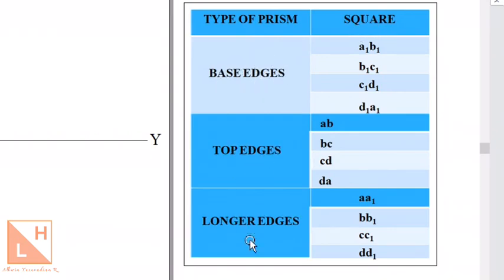If you just see here, the type of prism is square, and it is going to have base edges, top edges, and longer edges, which are already drawn here in the first and in the half of the second position. So it basically contains A1B1, B1C1, C1D1, and D1A1, which is the base, and you'll have AB, BC, CD, DA at the top, and you'll have the longer edges AA1, BB1, CC1, and DD1. There are 4 longer edges, 4 top edges, and 4 base edges.